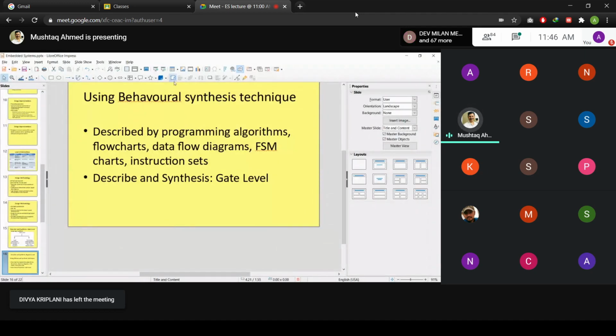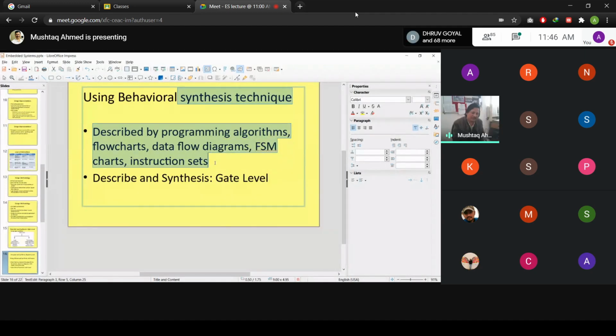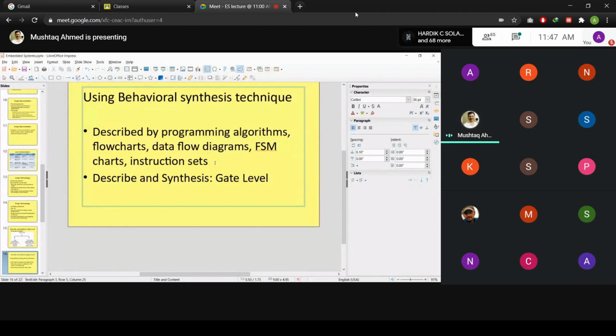Using this behavioral synthesis technique, we just require to describe with a programming language or flowchart, or there are 10 different device modeling techniques that we shall cover in the next class, and that would make it easy to represent the data and how the device would function. There are various constraints pertaining to that also: some types of data modeling are useful for a small device but cannot be useful for a larger circuit.